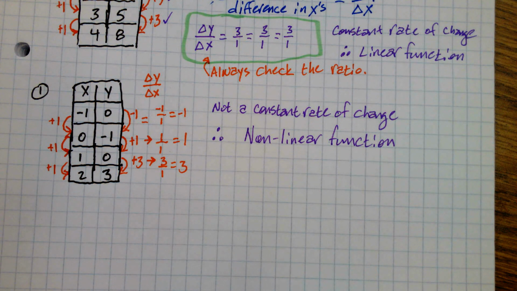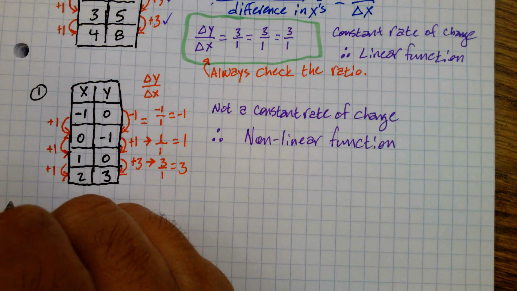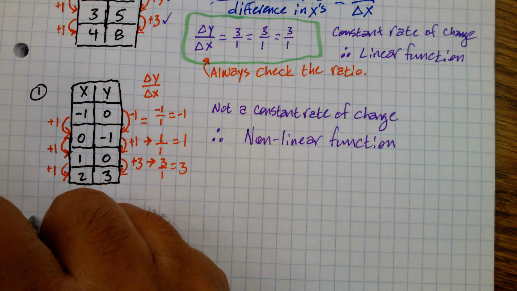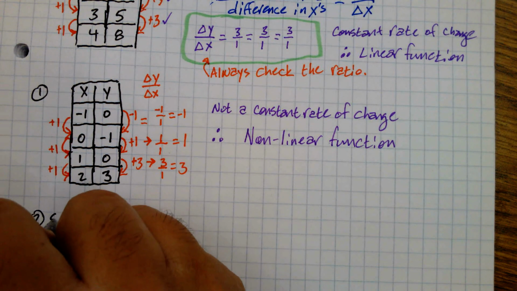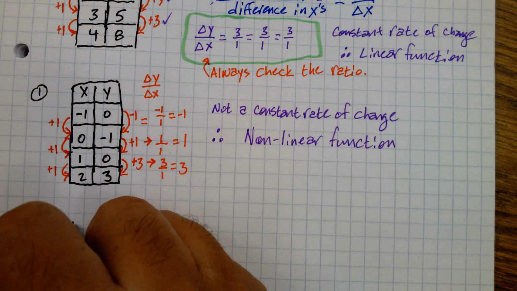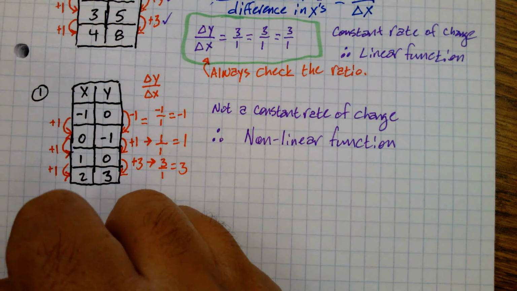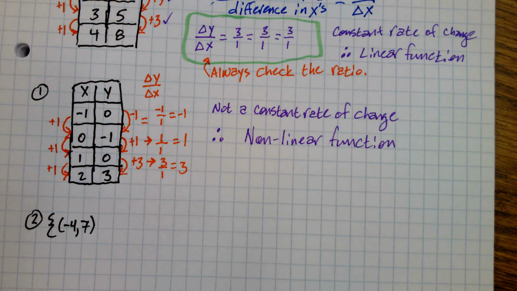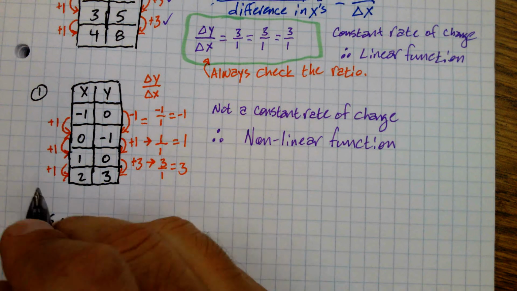Now suppose you get one like this, in the form of a set of ordered pairs.